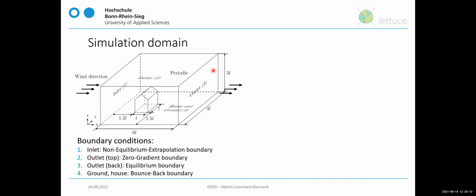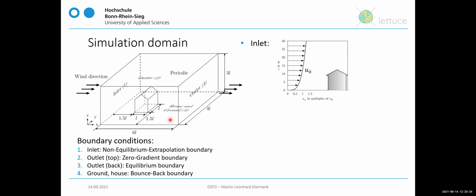On the back side, we have an equilibrium boundary that prescribes the density as the average and takes the microscopic velocity from inside, so the fluid can leave the domain uninhibited. Then we have periodic sides, and our house and ground, the solid obstacles, are formed by a bounce-back boundary.